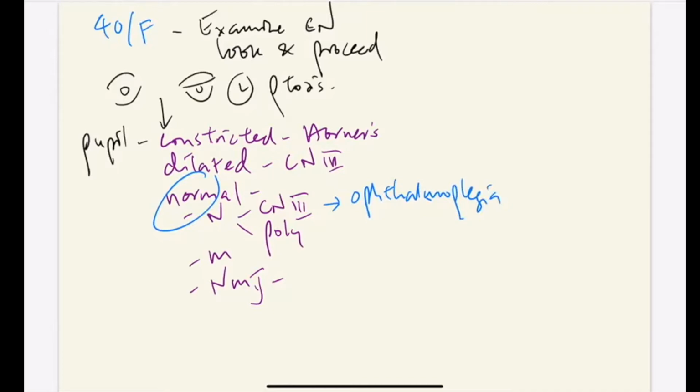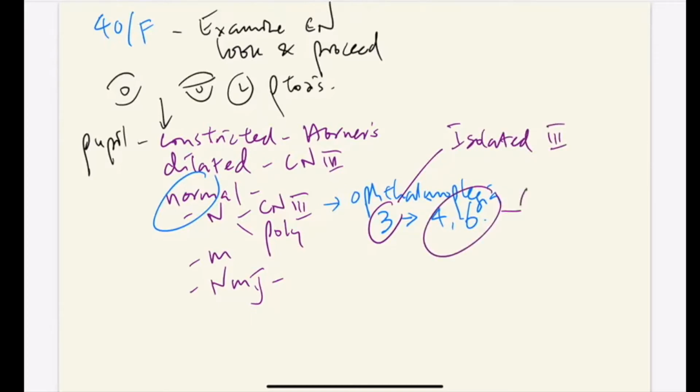And after confirming that this is a third nerve palsy, you should further confirm whether there are 4th and 6th nerve palsies as well. If it's isolated third nerve, then the approach will be slightly different from a complete ophthalmoplegia.